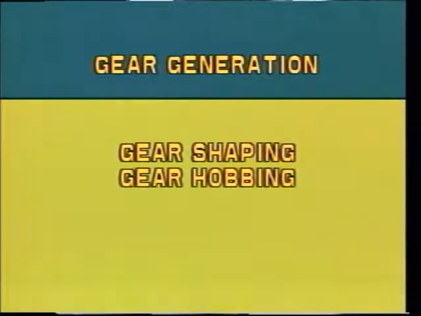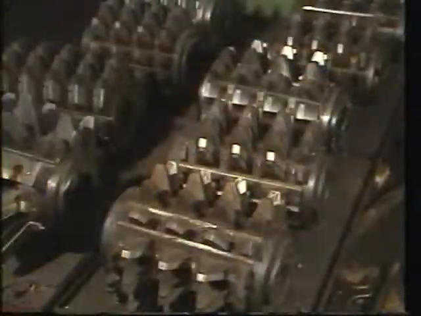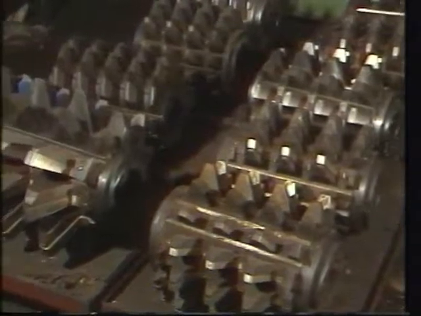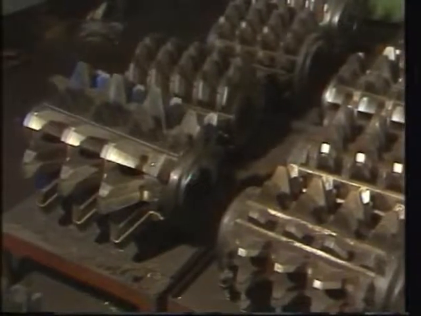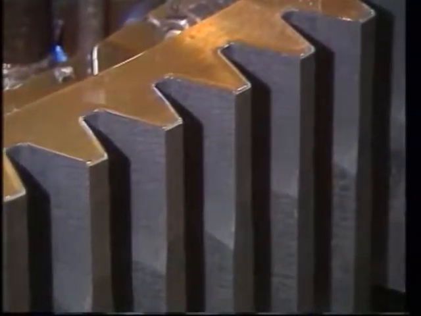Another process of spur gear generation is by gear hobbing, which produces gears with greater accuracy and higher flexibility. A hob is a set of rack cutters around a shaft. While the hob revolves, the work is also made to revolve at its corresponding relative speed.